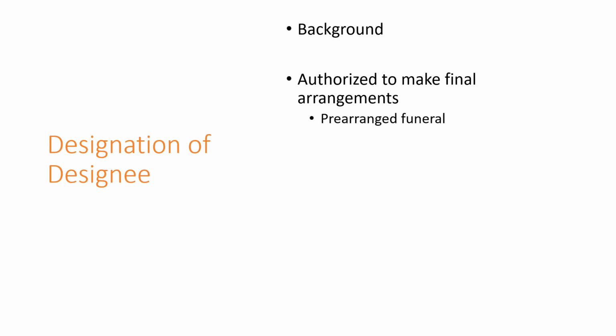Now, there may be a prearranged funeral that eliminates a lot of the guesswork of this. There may be a cemetery lot that you have already purchased. And again, organ donation may be a part of this. I encourage you to have this conversation with family members because this often is a primary source of conflict.